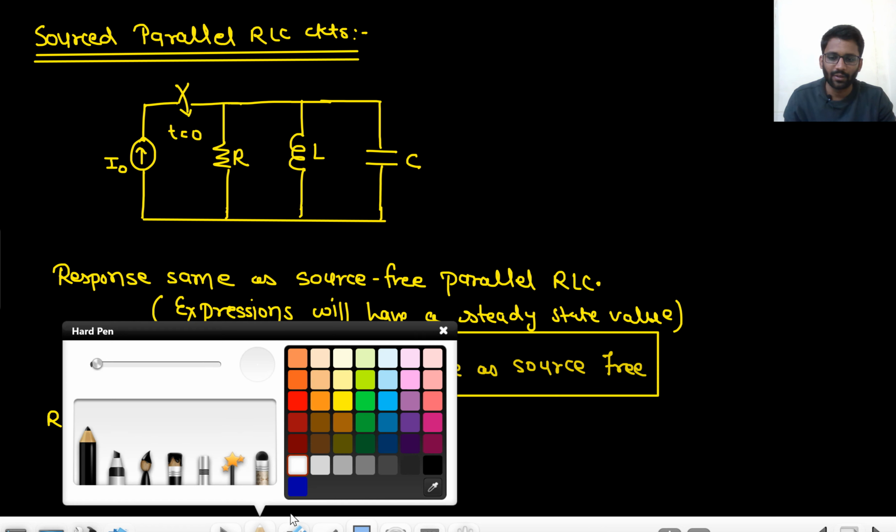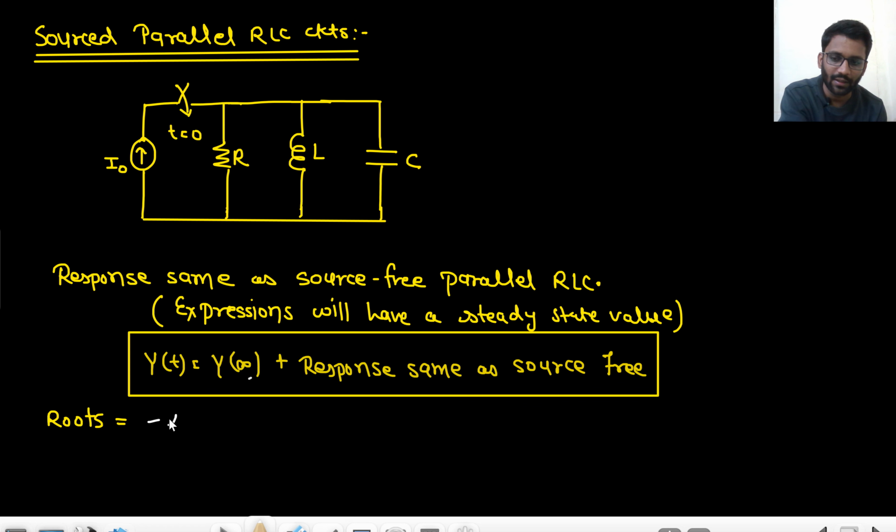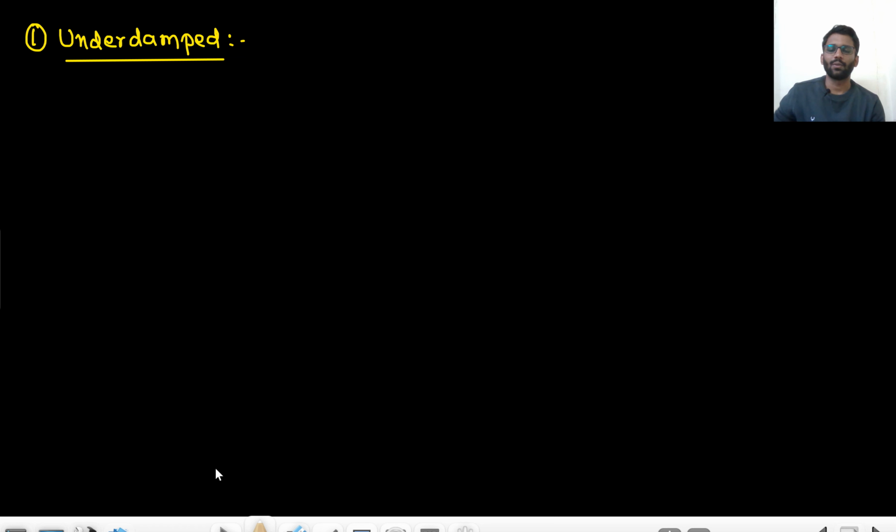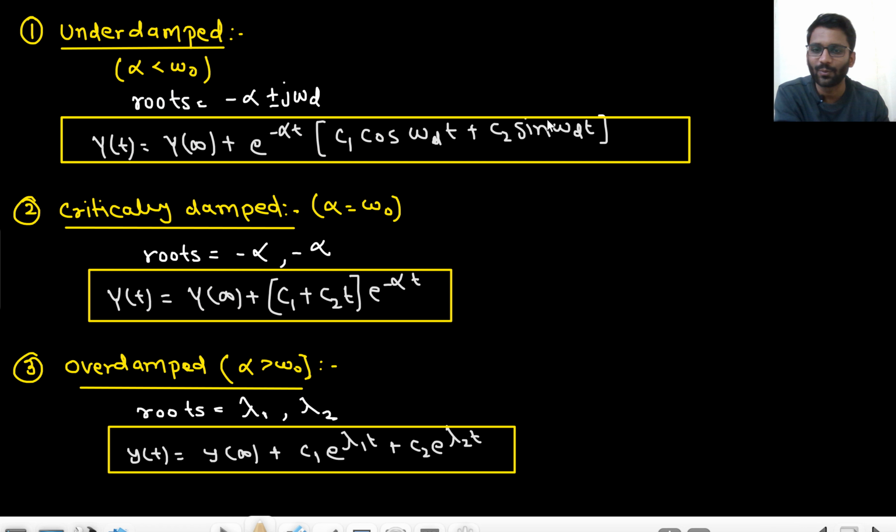What will be my roots? Roots are going to be minus alpha plus minus root alpha square minus omega naught square. What is the value of alpha? Alpha is 1 by 2RC. Omega naught is 1 by root LC. In case of underdamped response, it will be the same; nothing different will be there.